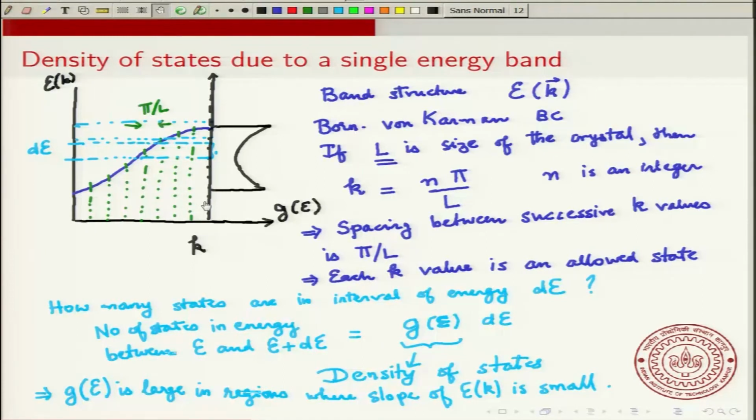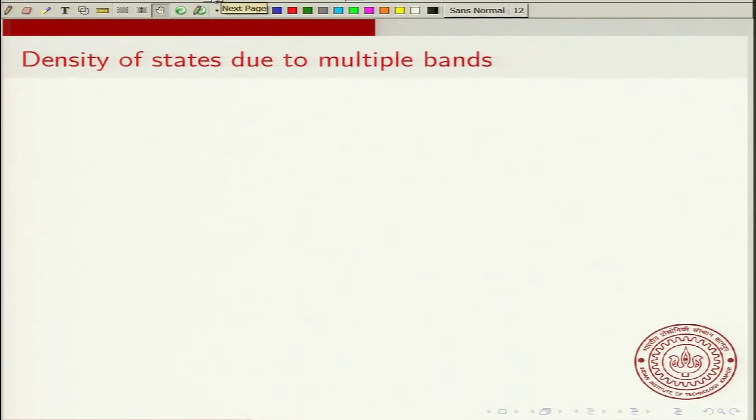Okay. Now, there could be more interesting things. There could be multiple bands. Now, suppose you have a band structure that looks like this. Again, just for ease of drawing, I will just use a one dimensional representation.